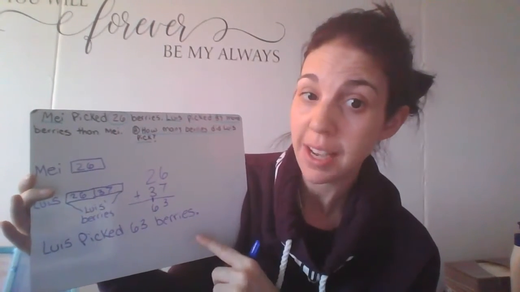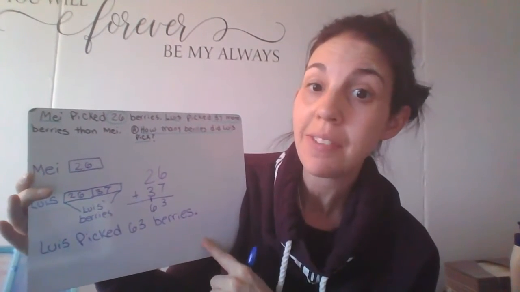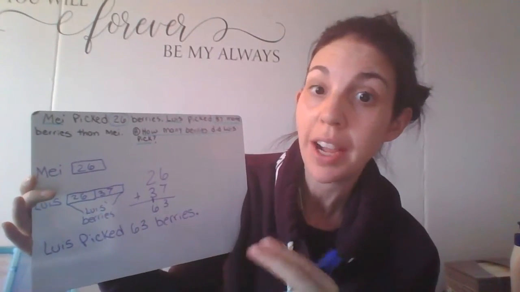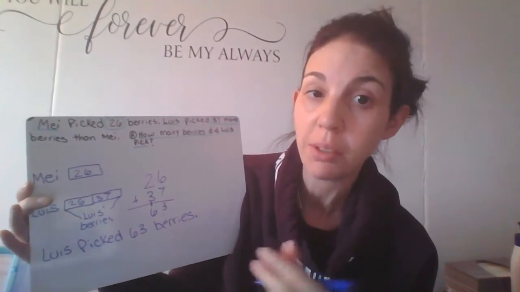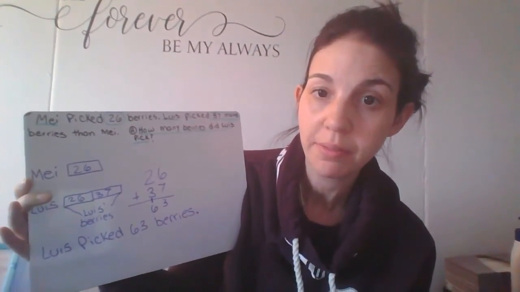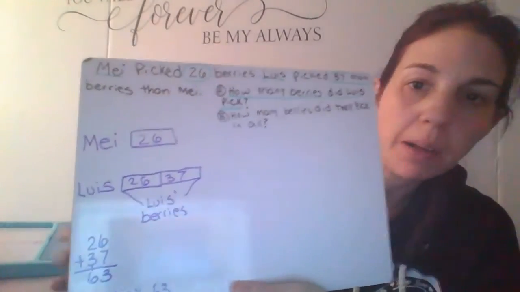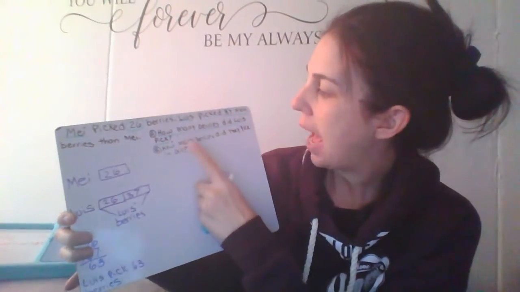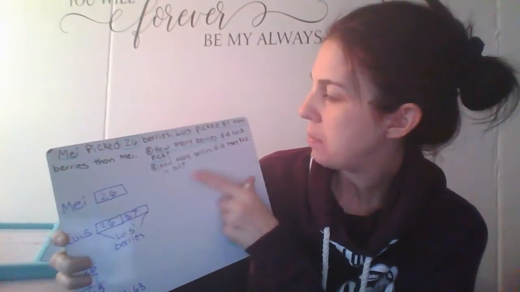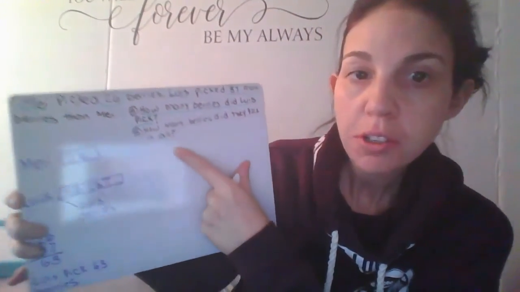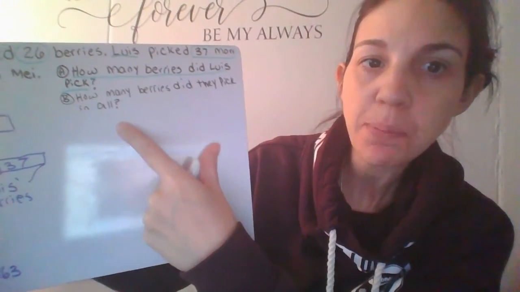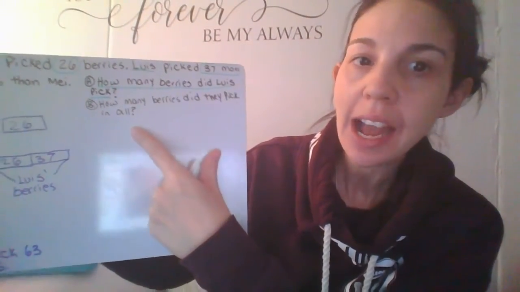So here was our first step, step 1. Now we have a second step or another question that goes along with the same one. How many berries did they pick in all? So how many berries did they pick in all? That means how many did Mai pick and Lewis pick?